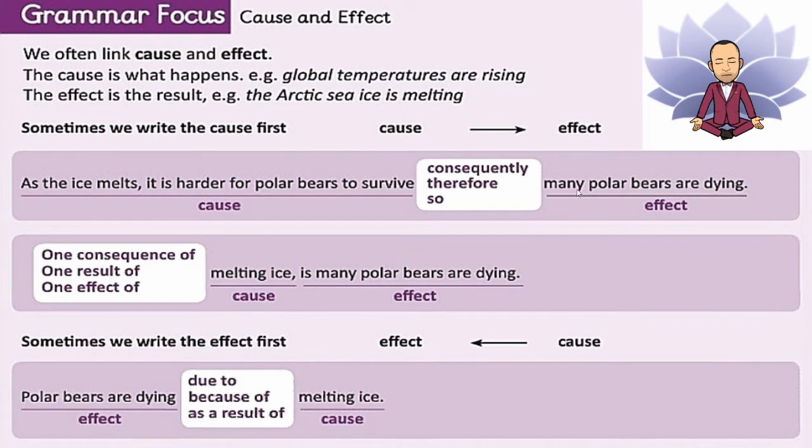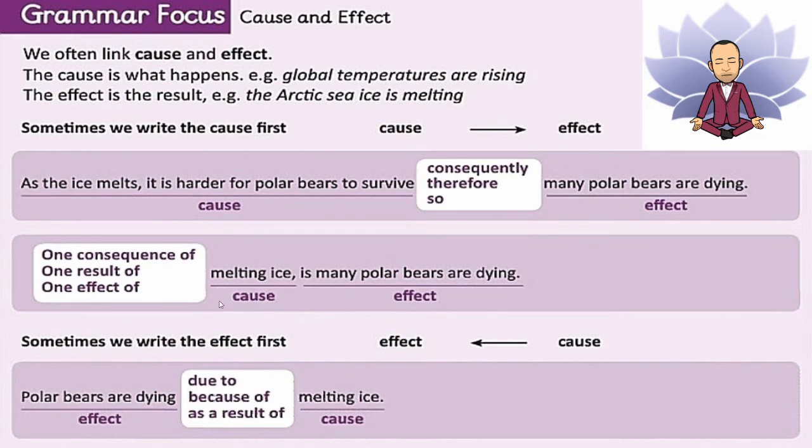As you can notice here, we have a sentence with a subject plus a verb. Then we have another structure, where the connectors come first within the sentence: one consequence of, one result of, one effect of.